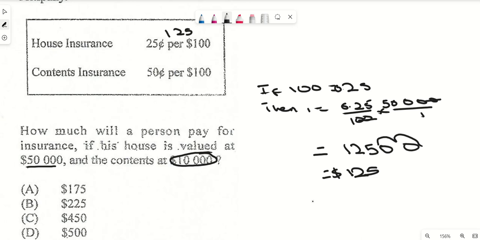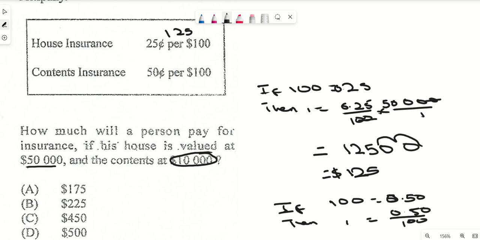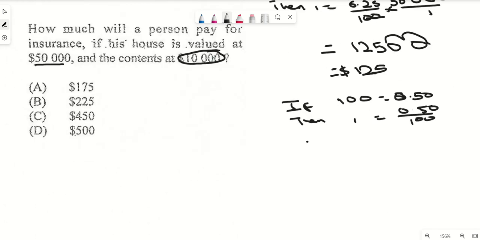And then for 10,000, if 100 is equal to 50 cents or 0.50, then 1 is equal to 0.50 divided by 100, right? And therefore we want to find out for 10,000, which is 0.50 over 100 multiplied by 10,000.